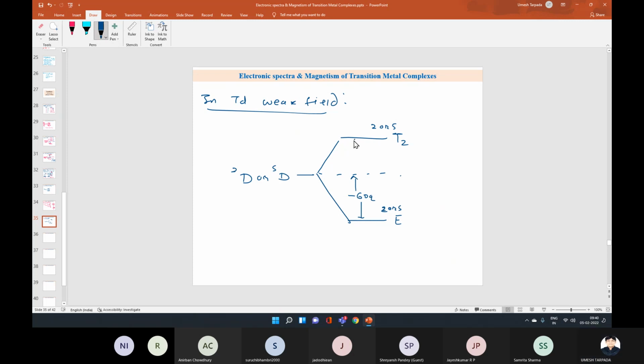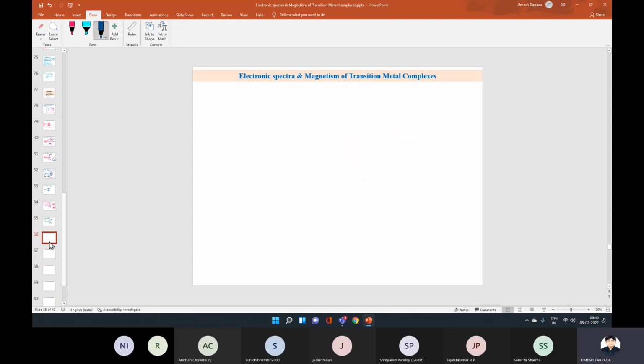Is it okay? Yes. So this is for D4 and D9 configuration. So in short, in tetrahedral and octahedral, only the ground term differs. The rest of the things are the same.